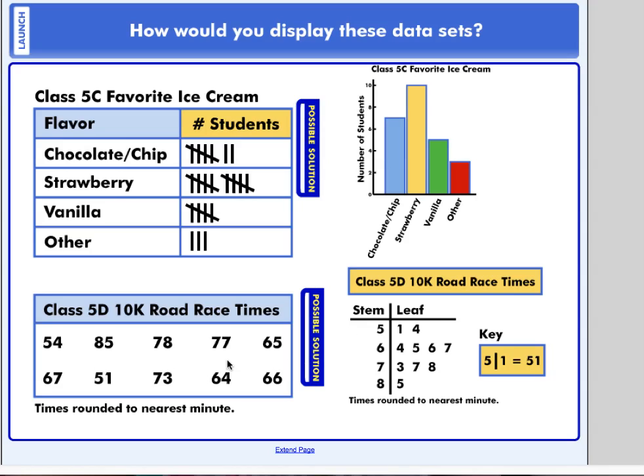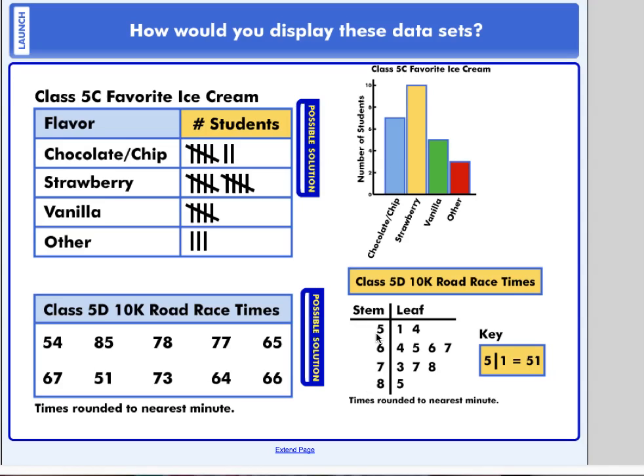I want you to notice these are the numbers in your number set: 54, 85, 78, and so on. They've been organized in this stem and leaf plot by putting them in order from smallest to largest.